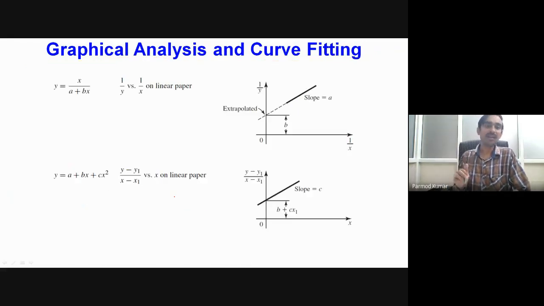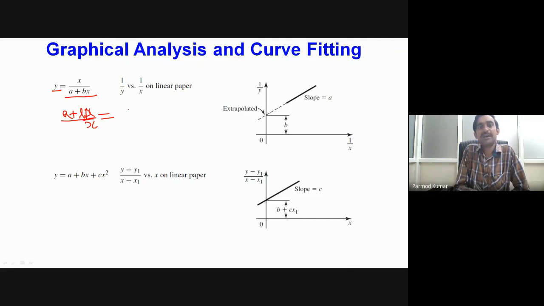Okay. Then we may have another type of nature as y equal to x divided by a plus bx. So in that case, if you just simplify this equation a little bit, you will be finding that 1 by x will become, so x I am taking to that side and y I am taking to this side, and a plus bx also I have taken to that side.